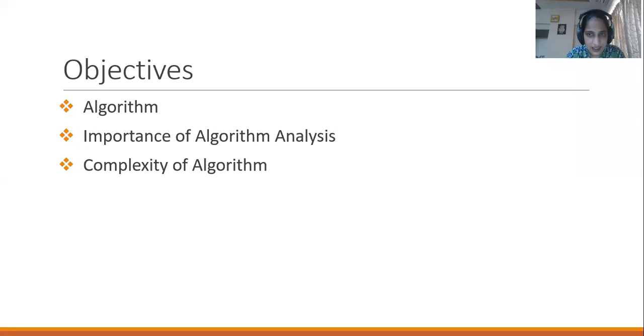Okay. So the objectives of today's session are going to be algorithm, importance of algorithm, analysis, and the complexity of algorithm. As far as I remember, and you are also aware, in our previous session we have already seen about algorithm, what is the importance of algorithm, and why our first approach should always be designing an algorithm.